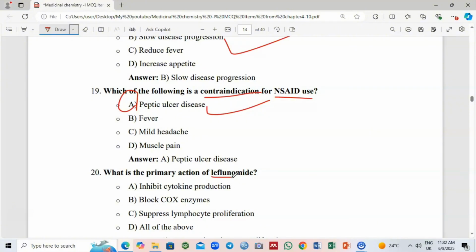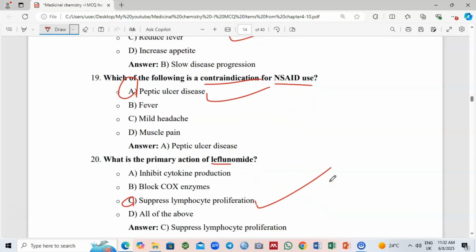So this leflunomide is an immunomodulatory medication primarily used for the treatment of rheumatoid arthritis and other autoimmune conditions, and its mechanism of action works by inhibiting the proliferation of activated lymphocytes. Therefore C can be considered the answer. They suppress lymphocyte proliferation because this is the mechanism of action of this drug.